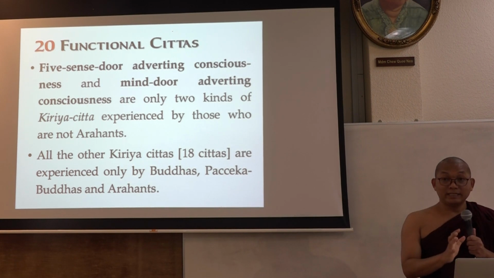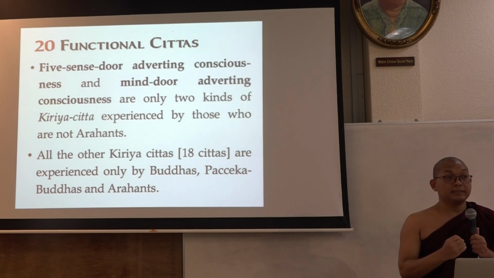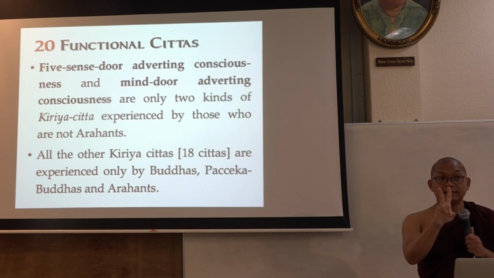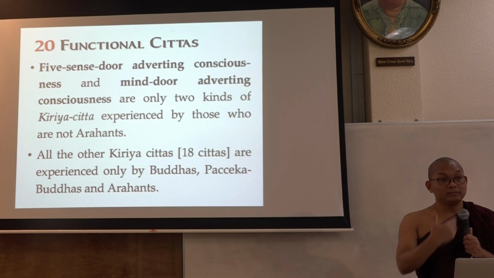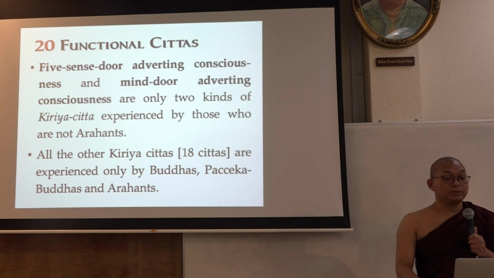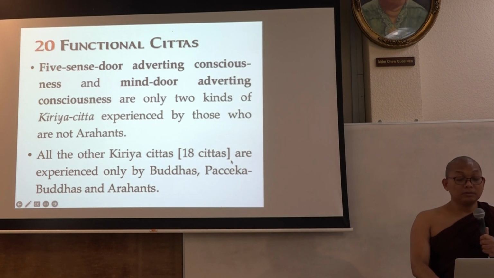These eighteen chaitas are experienced only by the Buddha, Paccekabuddha, and arahant. So according to Abhidhamma, we have twenty functional consciousness, kriya chaitas. Among them, only two kriya chaitas can be experienced by anyone, even puthujjana. But the rest, the eighteen kriya chaitas, are experienced by only the Buddha, Paccekabuddha, and arahant.